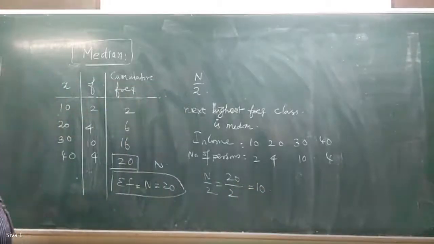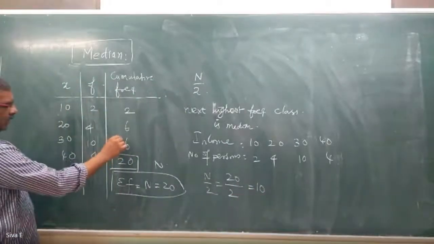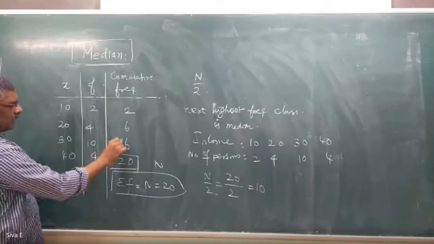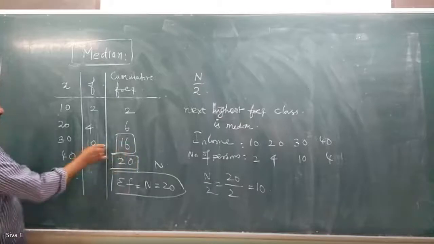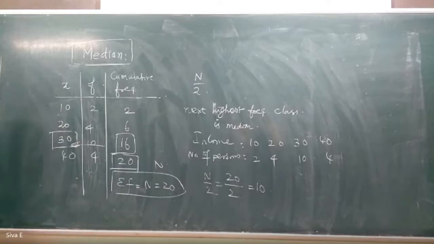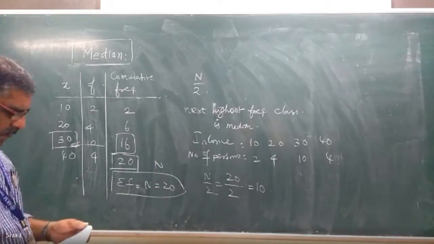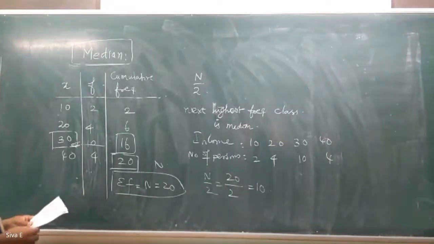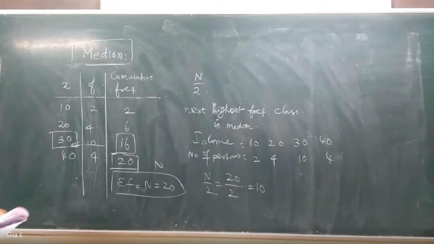Actually here there is no 10 in the cumulative frequency. So next highest is 16. So the respective value is 30. So this is the way to find the median of the discrete case.